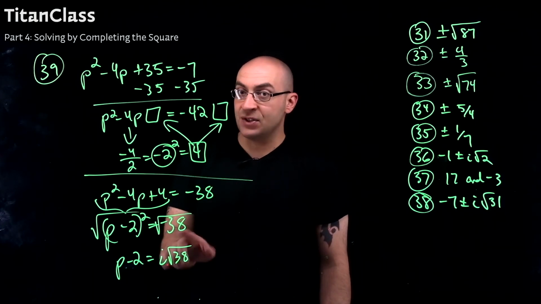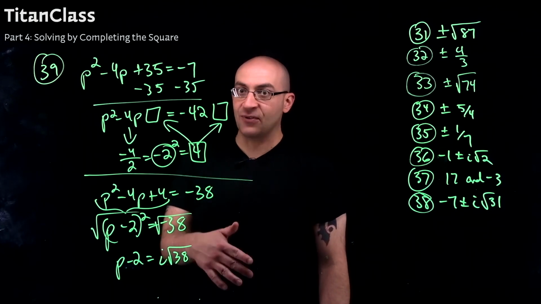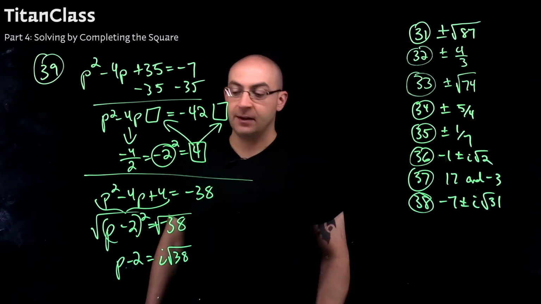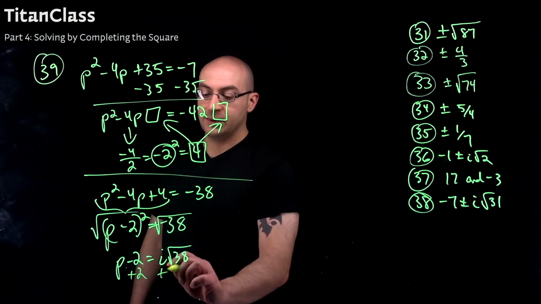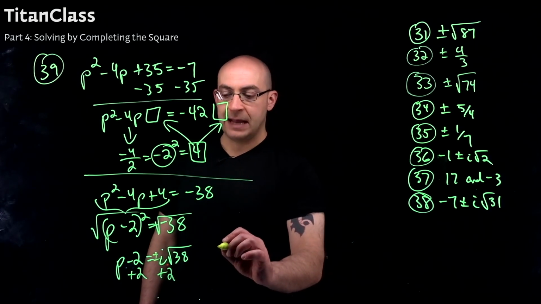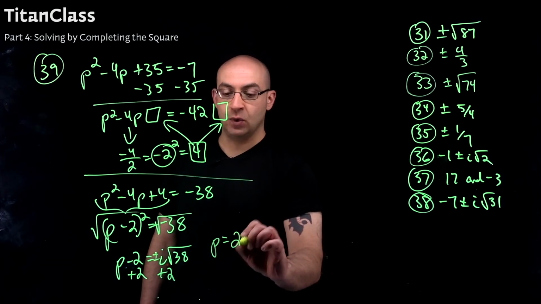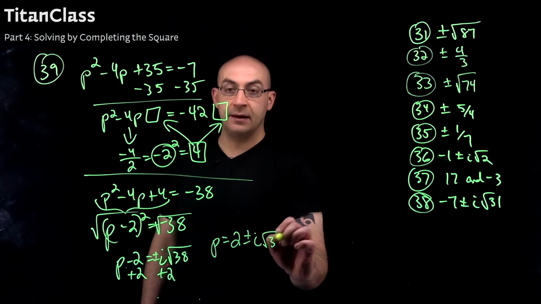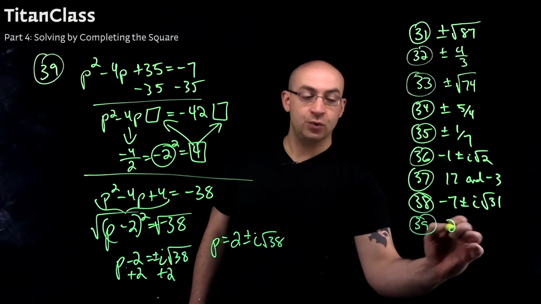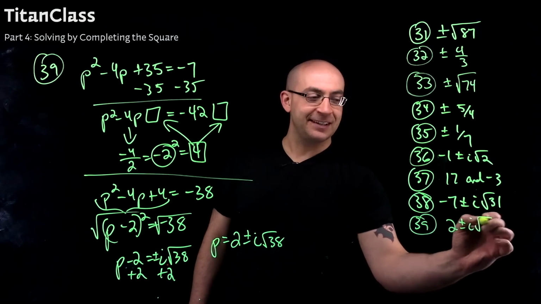It is divisible by 2, but 19, its other factor with 2, they're not perfect, and I can't go any further because 4 doesn't fit. So we're going to add 2, and we will complete this problem. Answer is going to be p equals 2 plus or minus i root 38. Okay? 2 plus or minus i root 38.